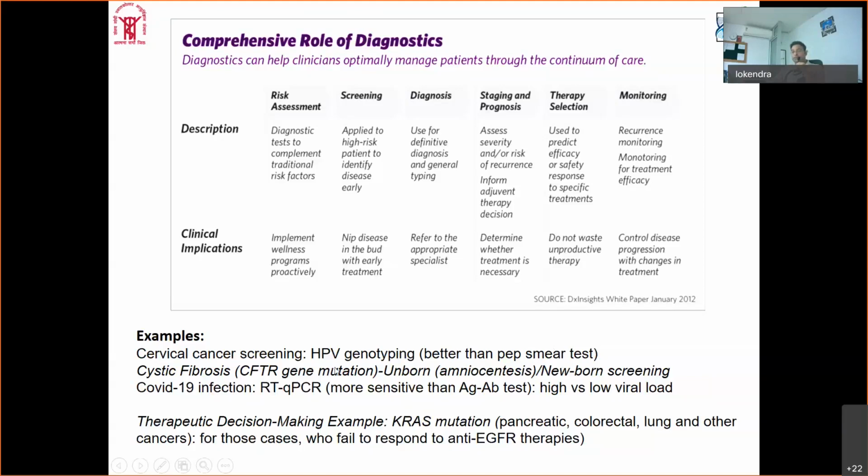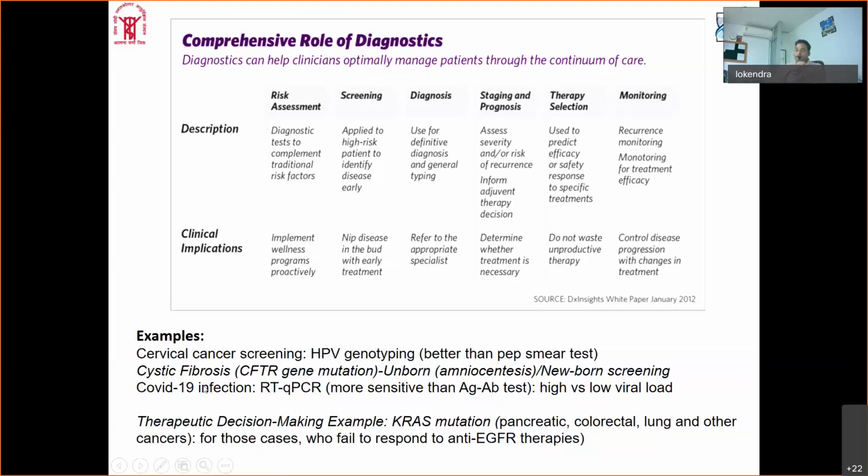That is now replaced by HPV genotyping, in which we can say whether this belongs to cervical cancer or HPV viral infection, whether it is a high risk or low risk infection, and even in the high risk, what kind of genotype it is. So that helps in the screening as well as in developing proper disease management.